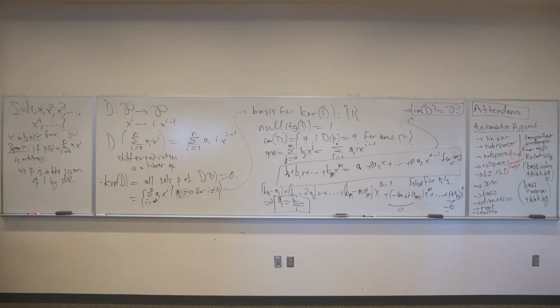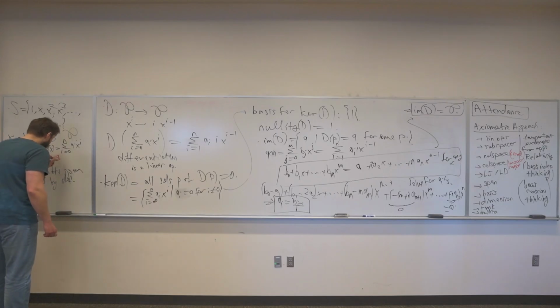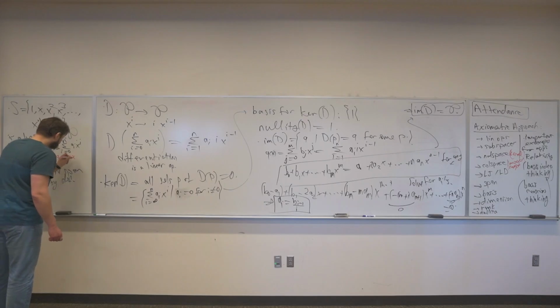Okay. Does this make sense? This can be quite confusing at this stage, I realize. Even though I write it like this, if you open this up, this is a0 times 1 plus a1 times x plus a2 times x squared plus dot, dot, dot plus a sub n x to the n.